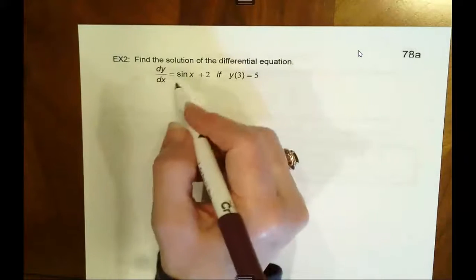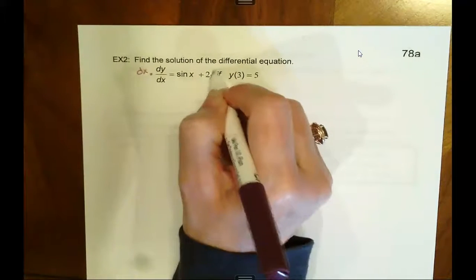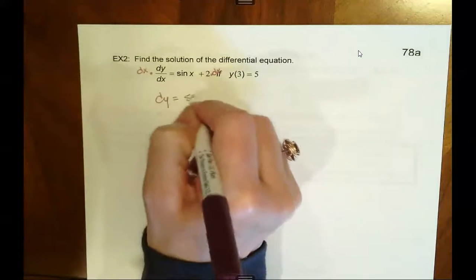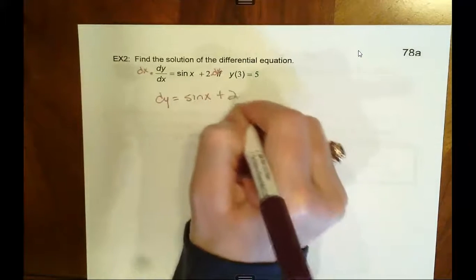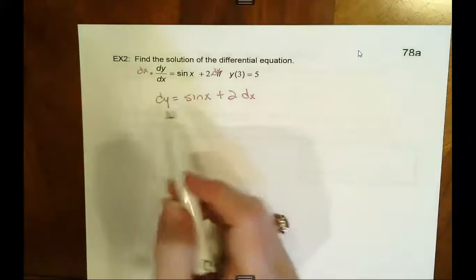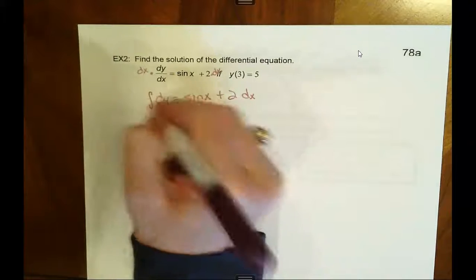So all we need to do is multiply both sides by dx. So we get dy equals sine of x plus 2 dx. Well, now all of my y's are on the left and all my x's are on the right, and I can integrate.